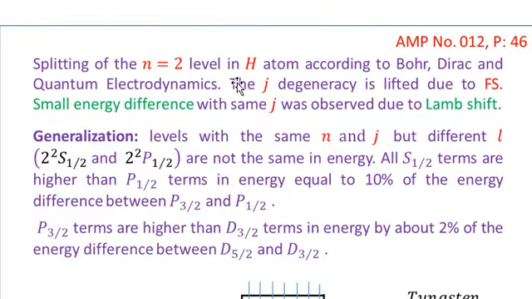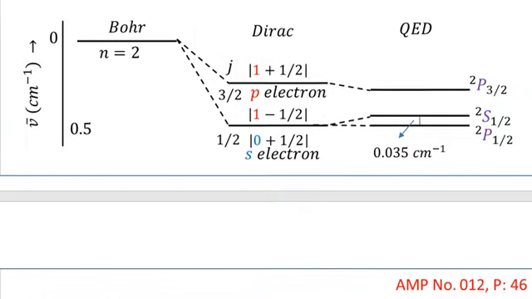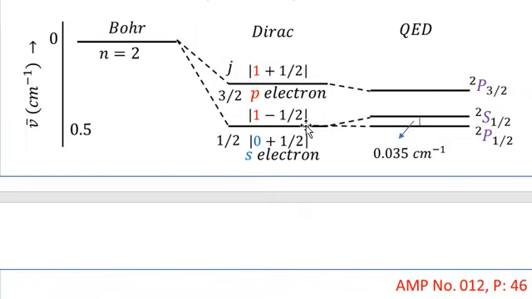Splitting of the n equals 2 level in the hydrogen atom according to Bohr, Dirac and quantum electrodynamics, that is due to the Lamb shift effect, was presented in the previous diagram. The J degeneracy is lifted due to fine structure. So you see that the levels here are going to depend upon the value of J according to Dirac.